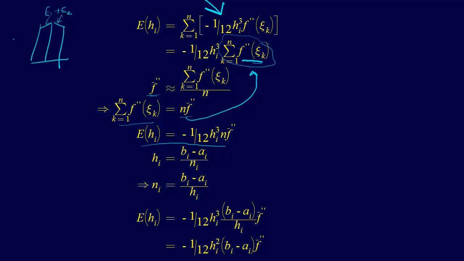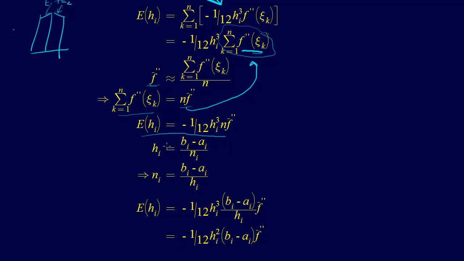Having done that, I'm trying to get this n out, and this n should have a subscript i on it.